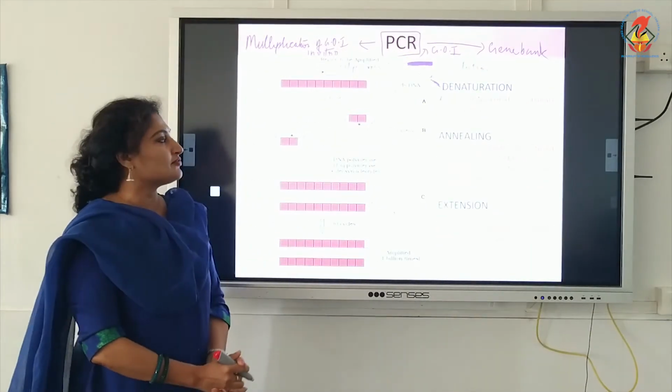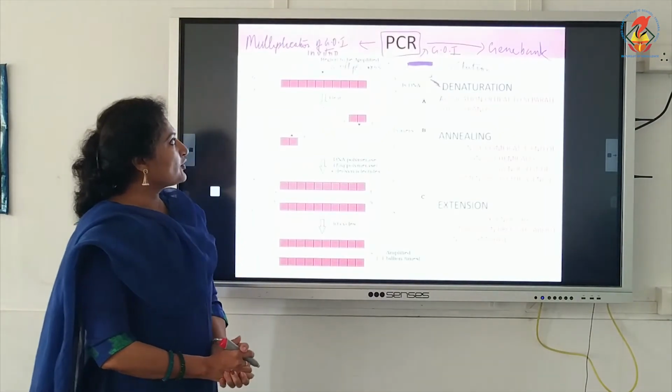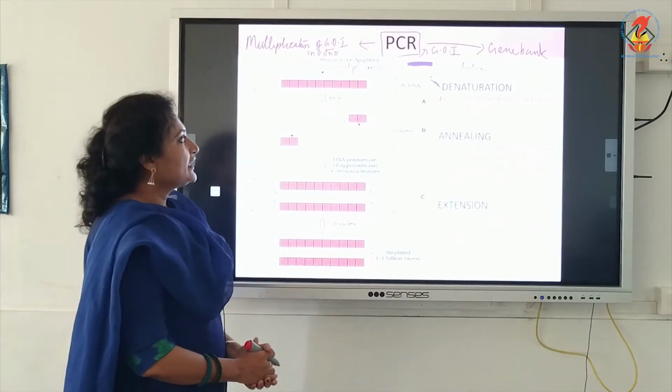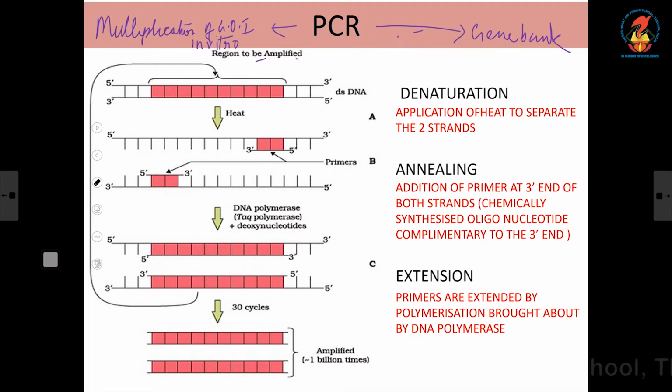PCR is a technique of multiplying the gene of interest in vitro. The full form is polymerase chain reaction. It involves 3 steps. The first step is denaturization.